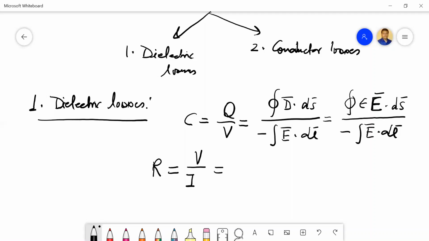Now in a similar way we can also express it in terms of electric field as well as surface current. How will we do? E dot dl divided by, and this is J dot dS.